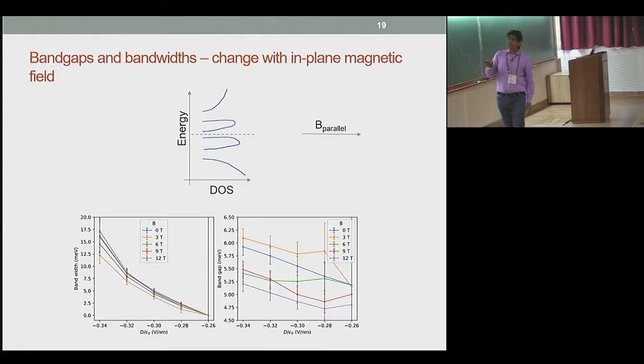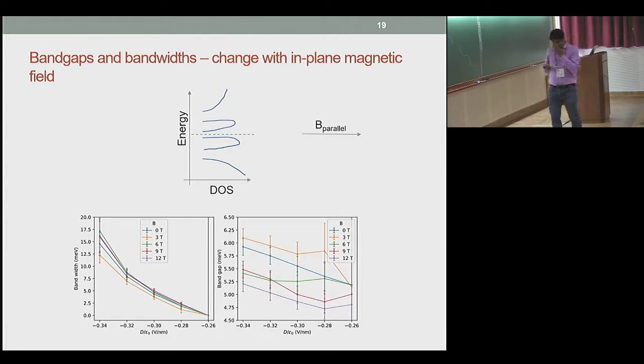But in terms of the gap, we consistently see that the gaps reduce, because if you have two lobes of the flat band and you apply a magnetic field, the lower part will move closer, and the upper half of the lower band will move closer, so the effective band gap will end up reducing, which is consistent with our measurements as well.